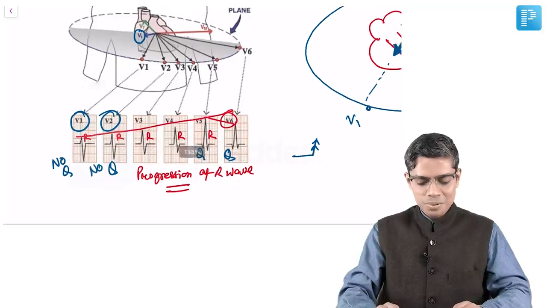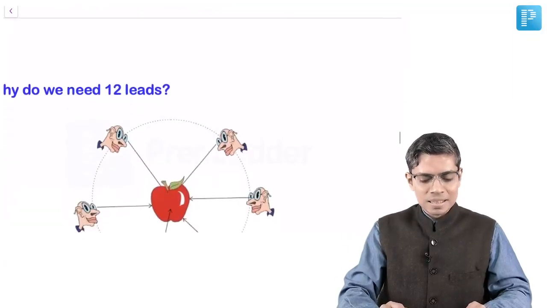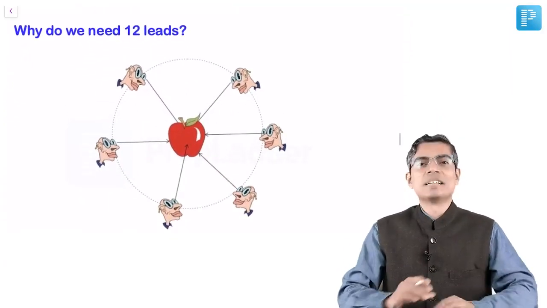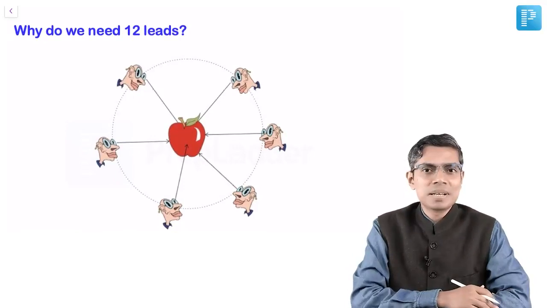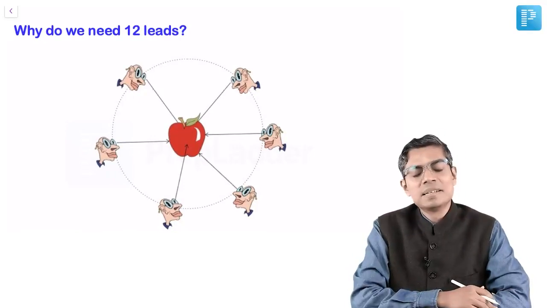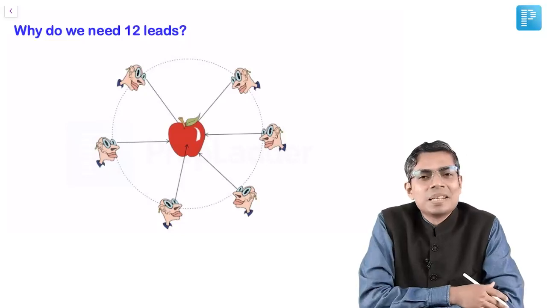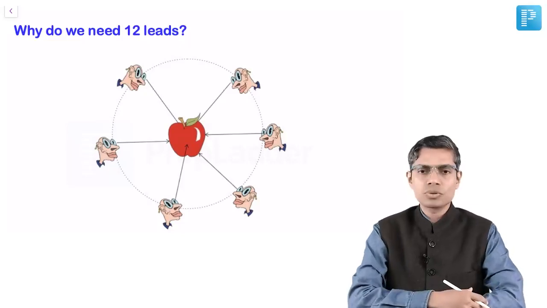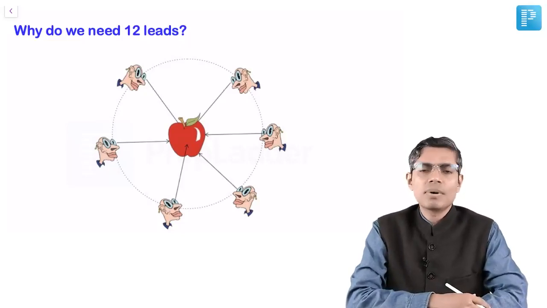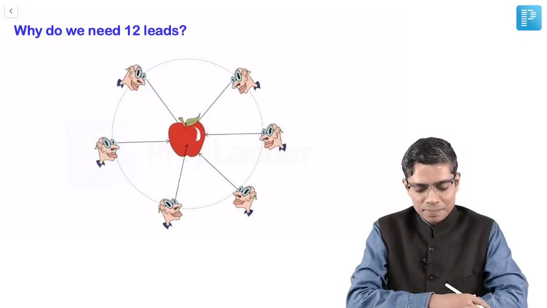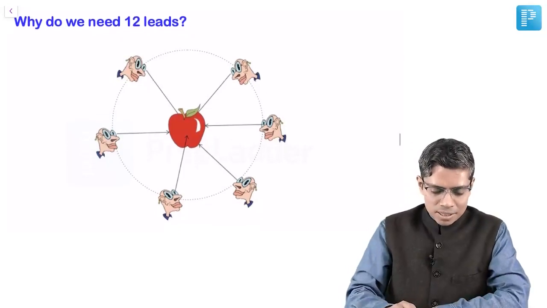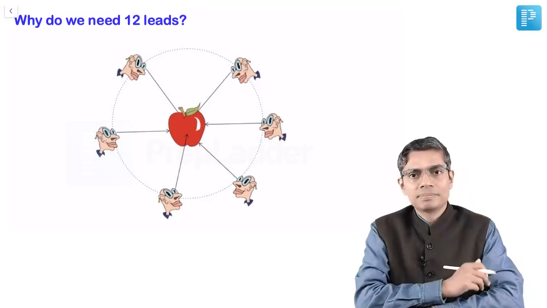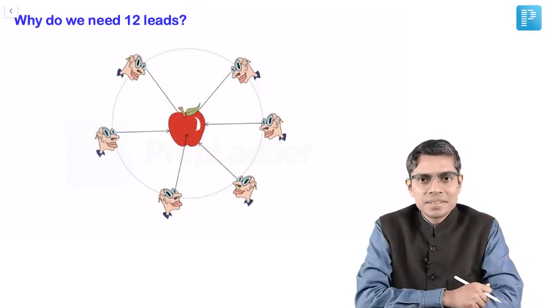So now we came to know the detailed recording of the P wave as well as the QRS complex in different leads. Now the question is, sir, why do you require so many leads, a 12 lead ECG? So you can look at the diagram, one apple, right?